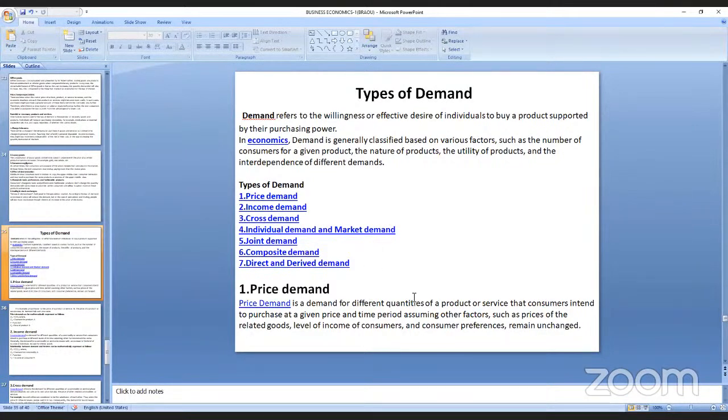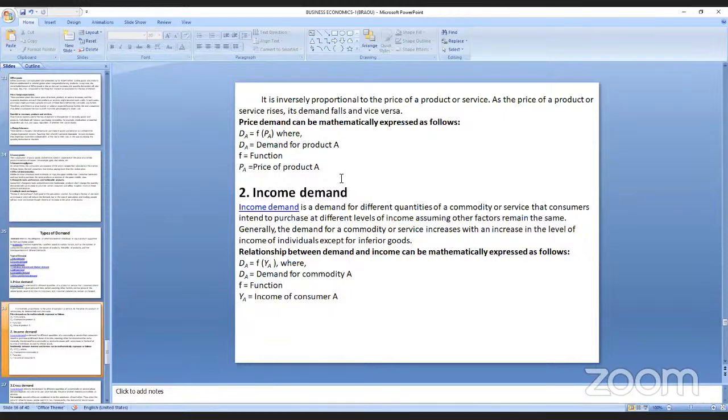Next is income demand. Income demand means different quantities of a commodity or service that the consumer intends to purchase at different levels of income, assuming the other factors remain the same. Generally, with an increase in the level of income, the demand for the commodity also increases.